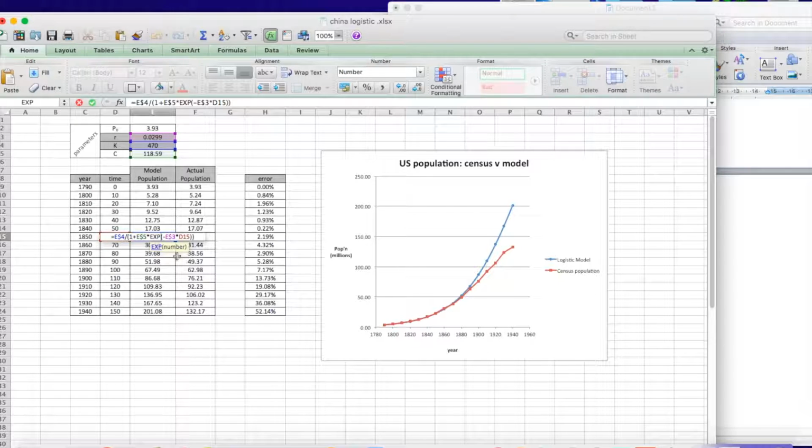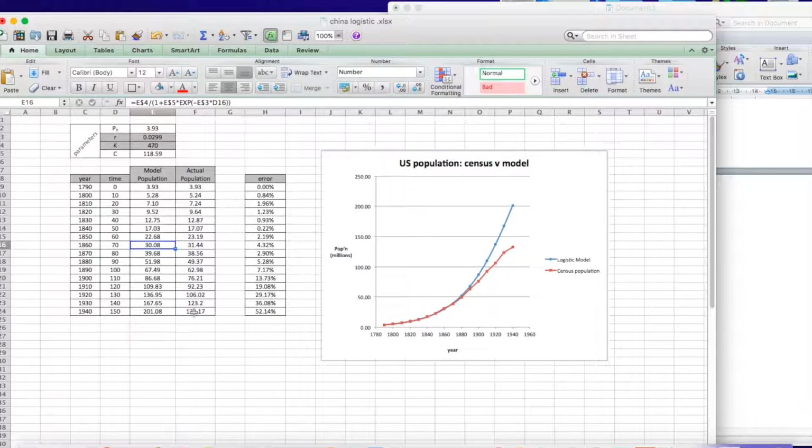The only thing that is a variable is the last entry here, which is the T entry, the time. We want to make sure as this formula is being applied all the way down, it's pulling the new T value from here. Okay, and that's doing the job there.